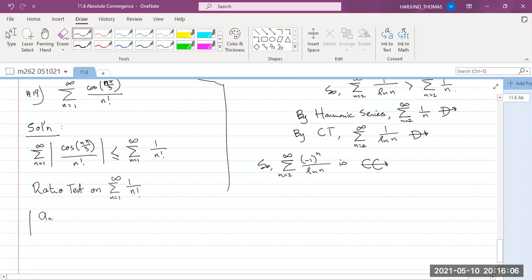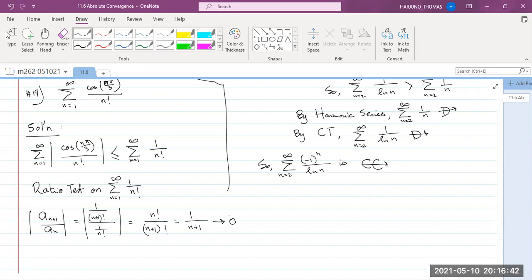The n plus first term over the nth term will be 1 over n plus 1 factorial over 1 over n factorial. I know it will be positive, but show that properly. This will be n factorial over n plus 1 factorial, which is 1 over n plus 1. That converges to 0, which is less than 1.